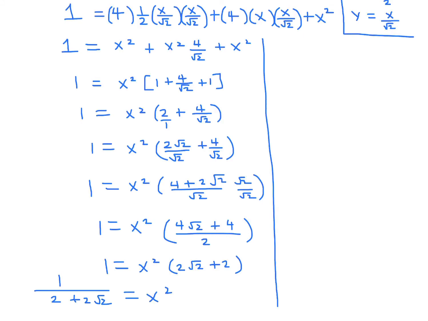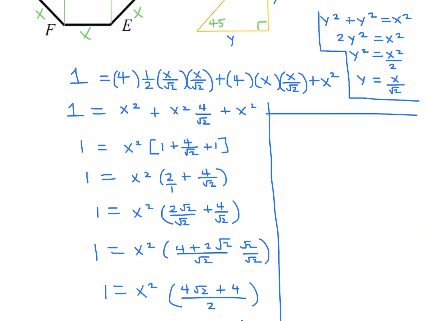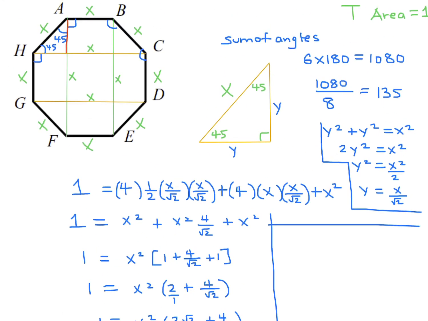Okay, there we go. Now finally we get to figuring out our ABEF, this guy right here. ABEF, this is what they want us to figure out. So ABEF is length times width, x times y, which is x over root 2, and this is just x, and this was also y, x over root 2.